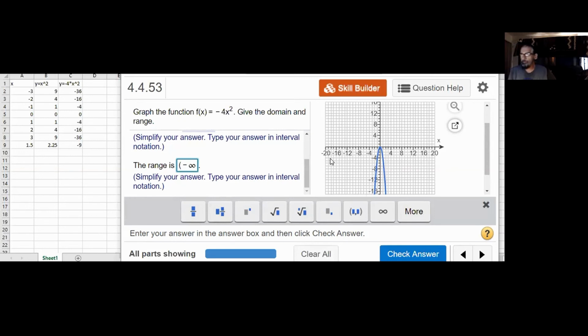And as we go left to right, least to greatest, when writing the interval notation, we're moving up the y-axis. It stops at a finite spot when y is 0. And we know that that 0 is included because x equals 0 produces 0 squared is 0, 0 times -4 is 0. When it's included, use the square bracket.